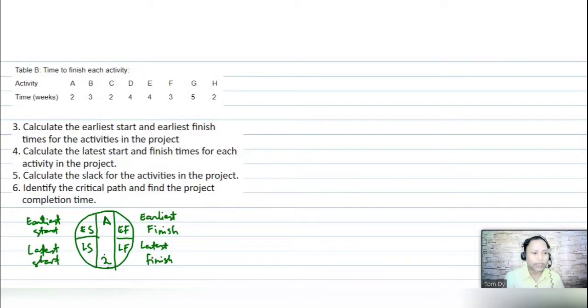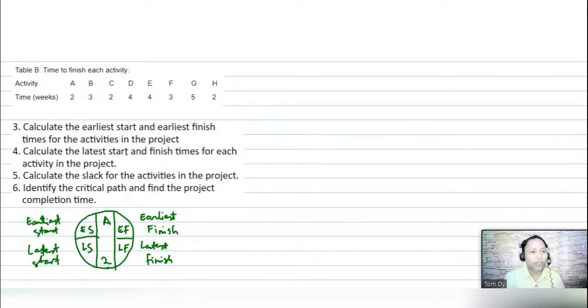For the latest start, LS, this is the latest time at which an activity has to start so as not to delay the completion time of the entire project. For LF, the latest finish, this is the latest time at which an activity has to finish so as not to delay the completion time of the entire project.